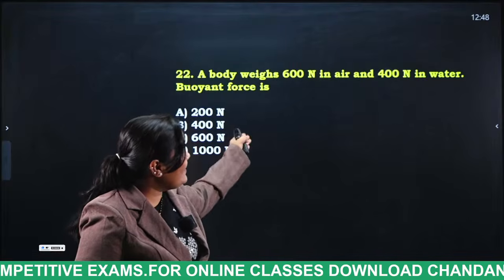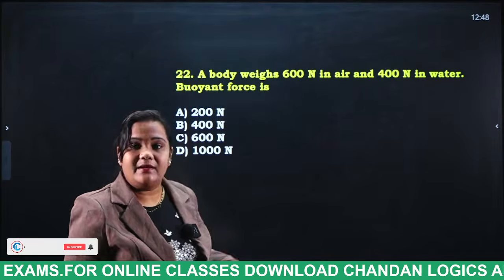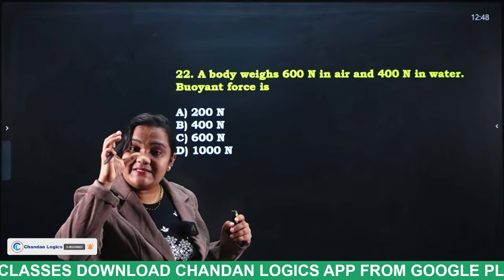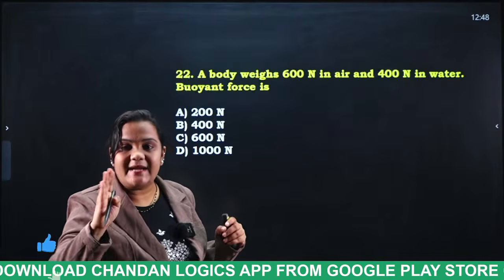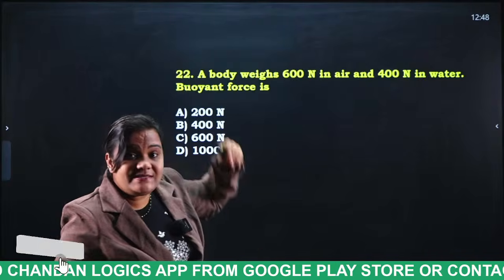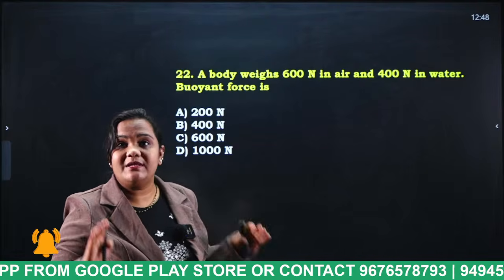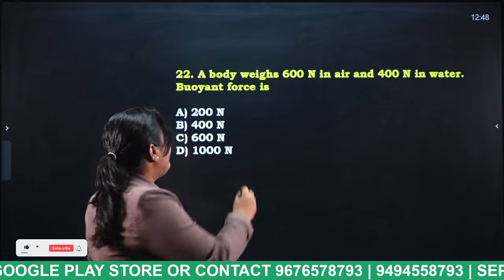A body weighs 600 newtons in air. That means when the object is in air, it is going to be 600 newtons, and when it is in water, it is going to be 400 newtons. So what is going to be the buoyant force?